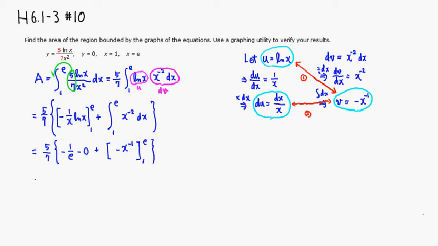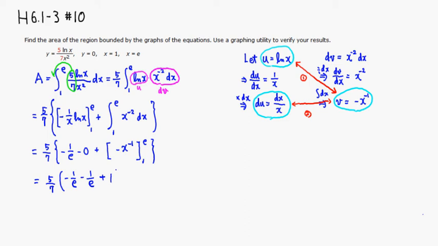Alright, so this is going to be 5/7, we just need the parentheses. So it's a negative 1 over e from here. If you plug it in, you're going to have negative 1 over e, minus, so it's going to be plus, plug in 1, 1 over 1 is 1.